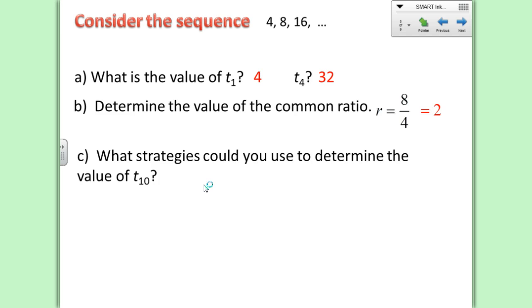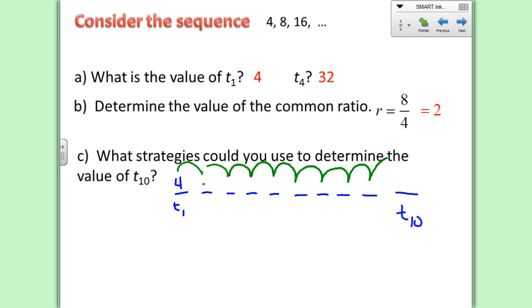Okay. One of you might say, well, if I start with 4 and I have to go from 4, which is term 1, to term 10, so that would be term 1, 2, 3, 4, 5, 6, 7, 8, 9, 10, and this is term 10, I simply have to jump 9 times. And if we were doing arithmetic, we would always be adding d, but we're not doing that.